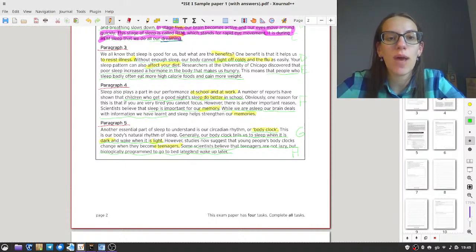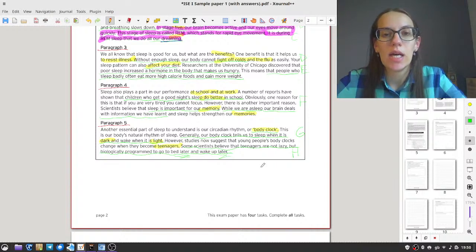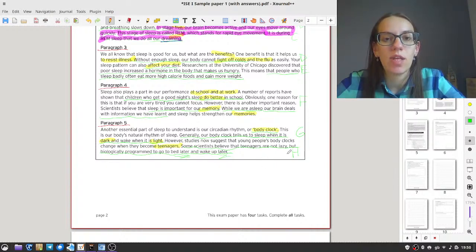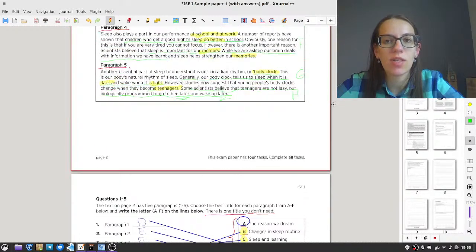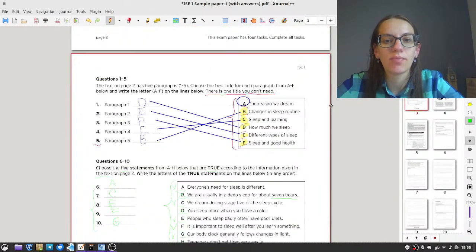So they go to bed later, but they also wake up later. So it doesn't mean that they sleep less, that they don't get tired easily, right? It just means they have a bit of a different sleep pattern, a different rhythm of life.